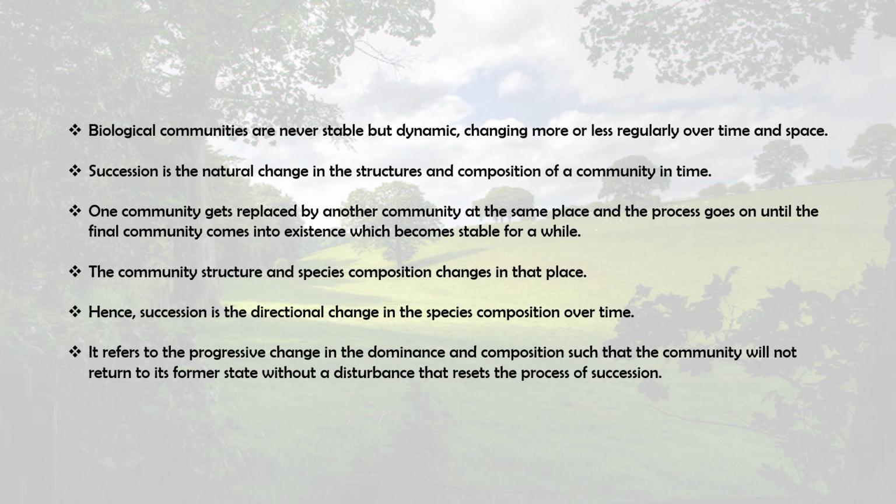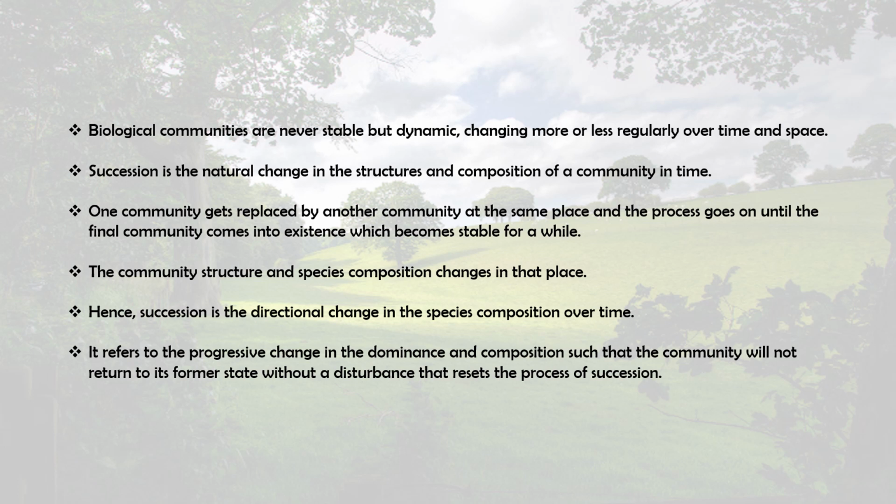So, here actually one community gets replaced with another community, and the process goes on until the final community comes into existence, which is in equilibrium with the climatic conditions of the area.